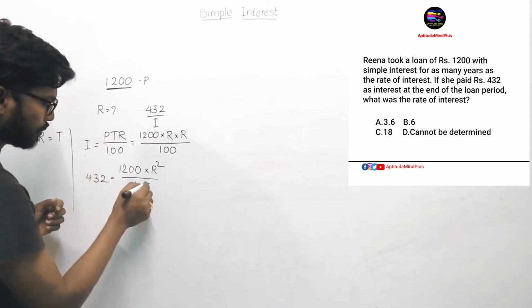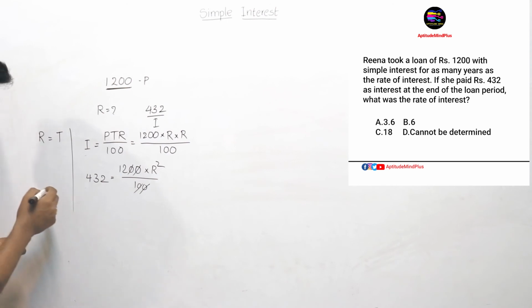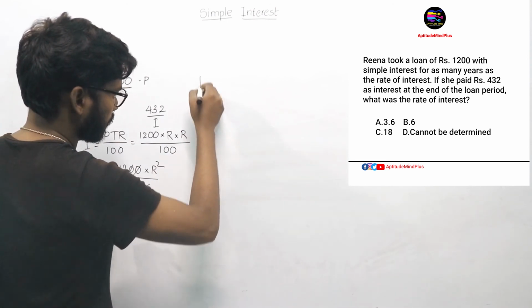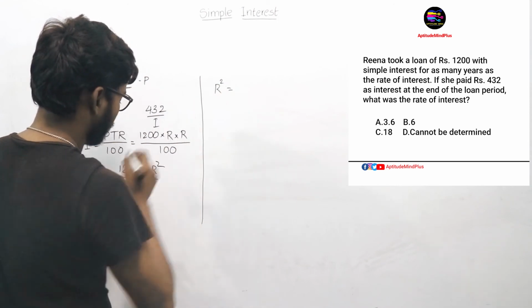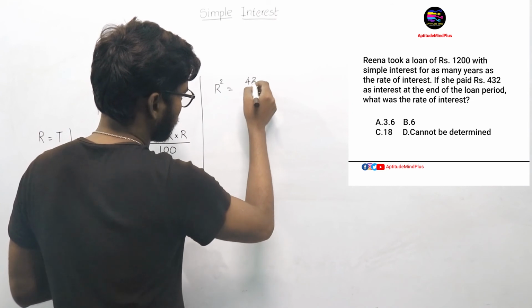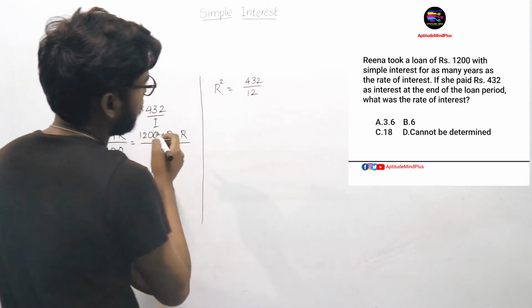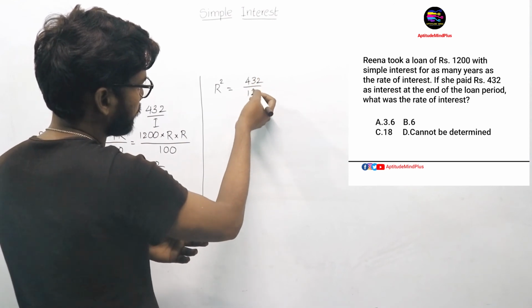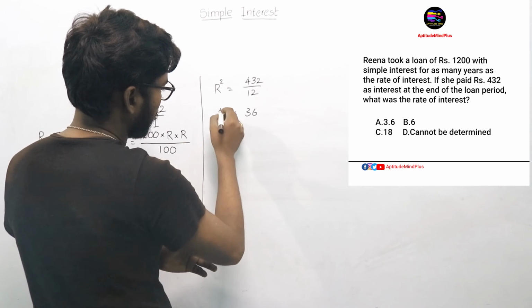Okay, so we can strike off 2 zeros over here, and R square is equal to 432 by 12. 432 by 12. Okay, 12 4s are 48, not possible. 12 3s are 36. That means 36 will be R square.